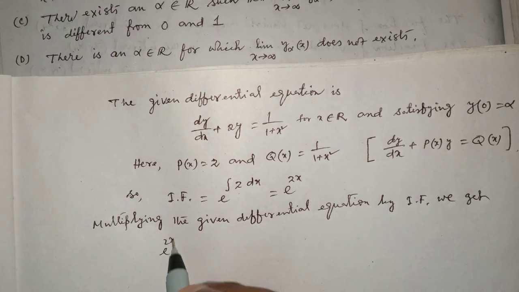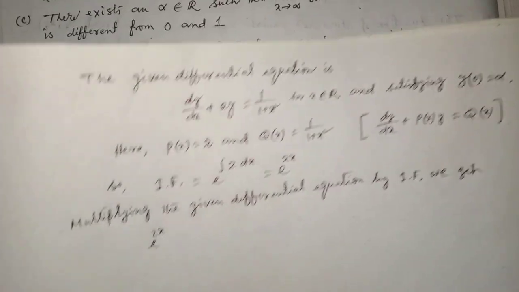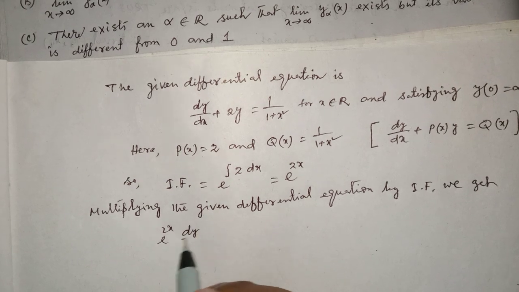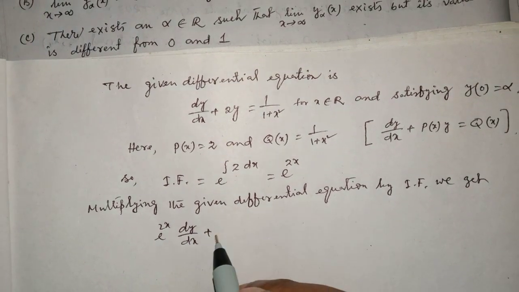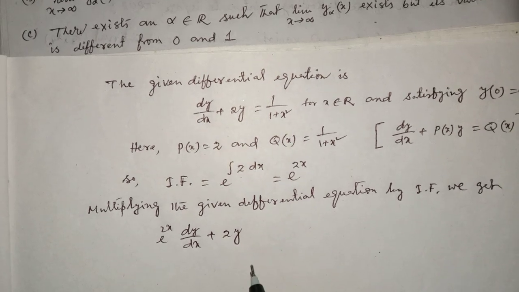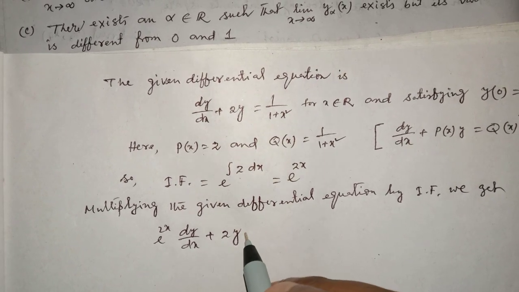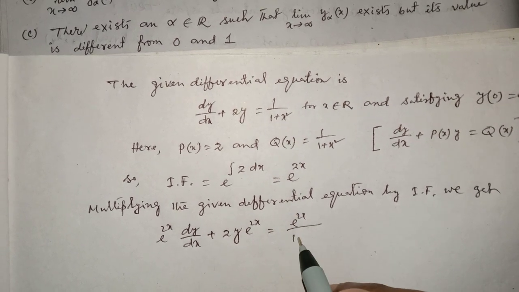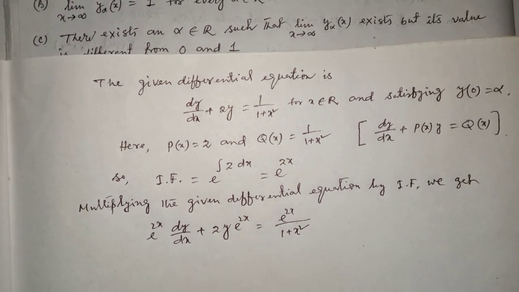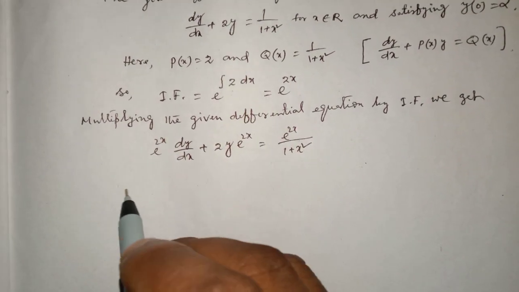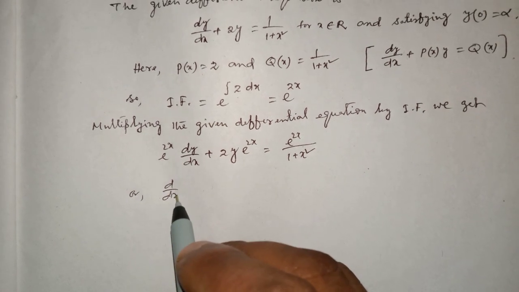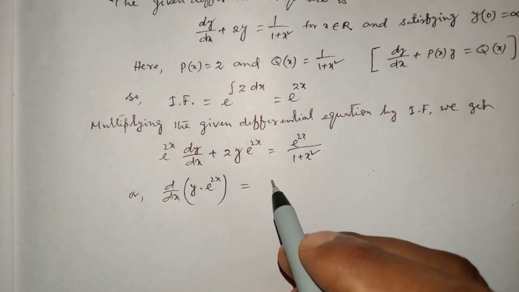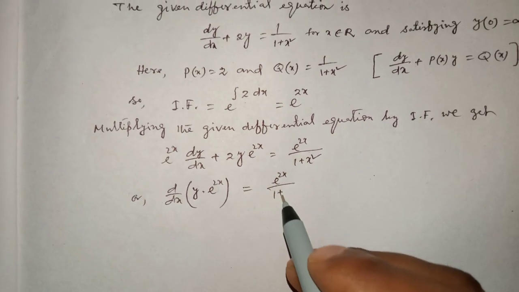e to the power 2x dy by dx plus 2y e to the power 2x is equal to e to the power 2x by 1 plus x square, or d by dx of y into e to the power 2x is equal to e to the power 2x by 1 plus x square.